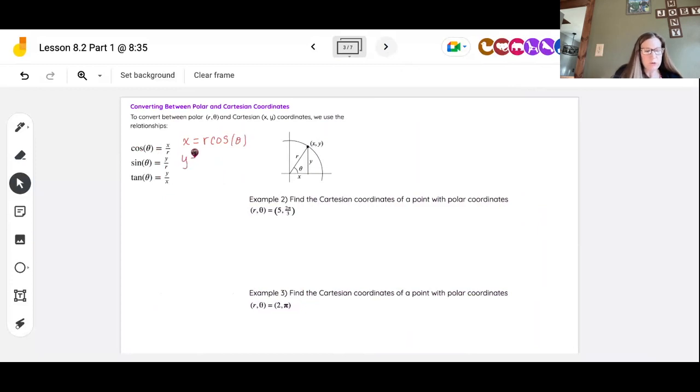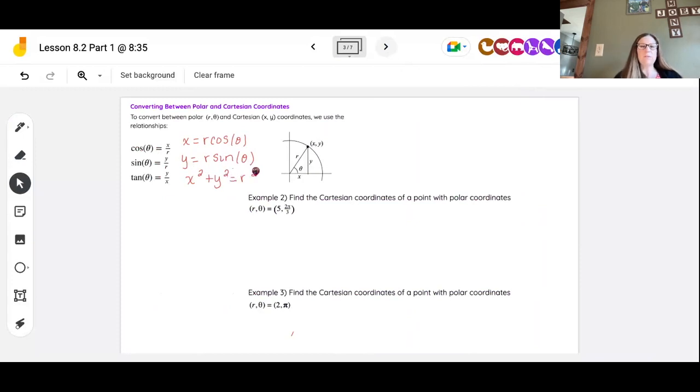Y would be equal to r times sine of theta. And tangent has x and y because of its location, but these are also related as x squared plus y squared is r squared, because we have the right triangle using Pythagorean theorem.